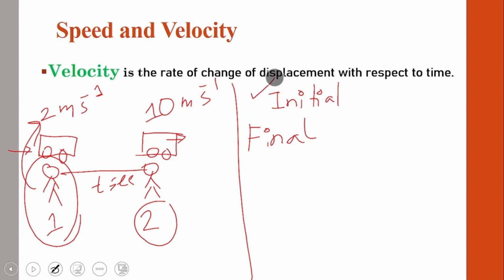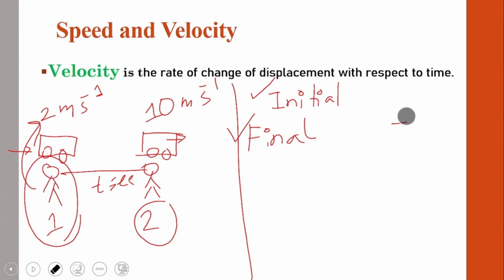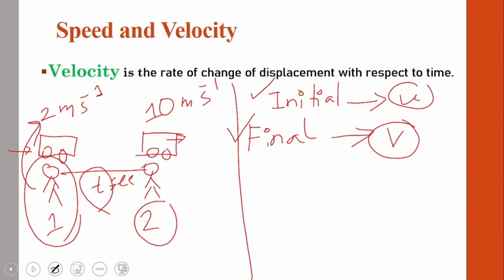So initial velocity and final velocity are nothing but the same thing, velocity, but at a different position or different time. They have the same unit, which is meter per second, but different notation. So if you want, you can note that: initial velocity is expressed with small u, and final velocity is expressed with small v. So u is initial velocity, v is final velocity, right? And time is mentioned with small t.